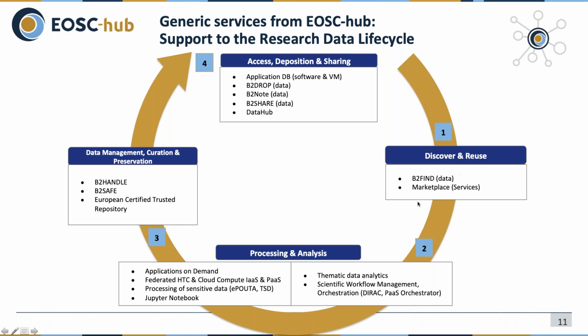And once the state-of-the-art tools are understood or resources are obtained, then the next stage is doing processing and analysis, which will help the research project answer new types of questions.